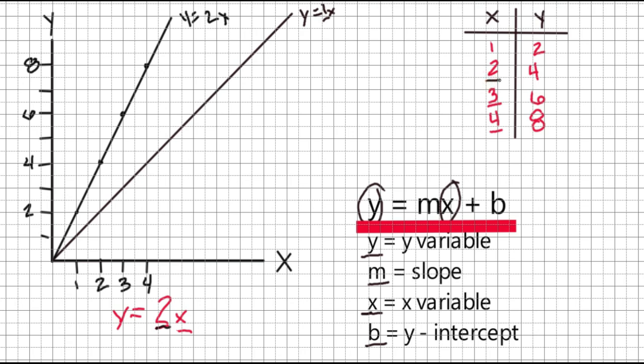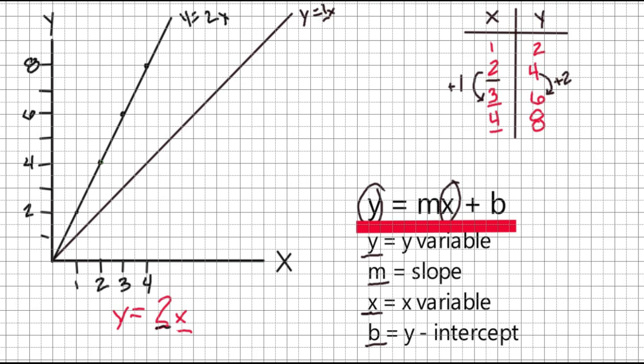Every time we increase x by 1, so when we go from 2 to 3, y increases by 2. Okay, so we increased by 1 on our x, which means we increase our y by 2. We can look at it over here, all right?